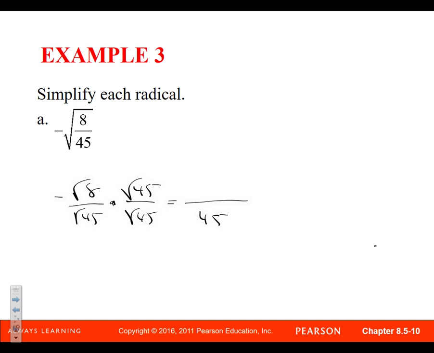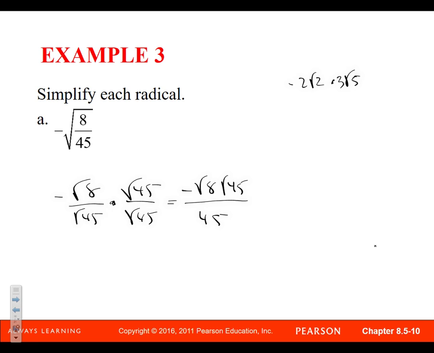And here's what's cool about this. I can leave those the way they are. Check this out. Square root of 8 times the square root of 45. That way I don't have a big number that I have to prime factor. I can do them separately. So that 8 is going to become negative 2 radical 2, and the 45 is going to become 3 radical 5, I believe. Correct?